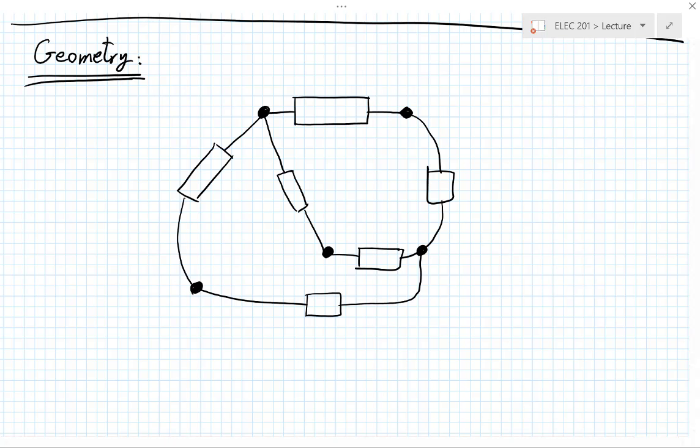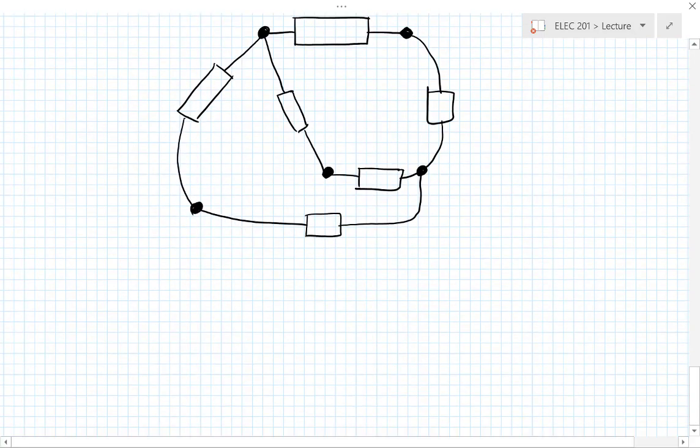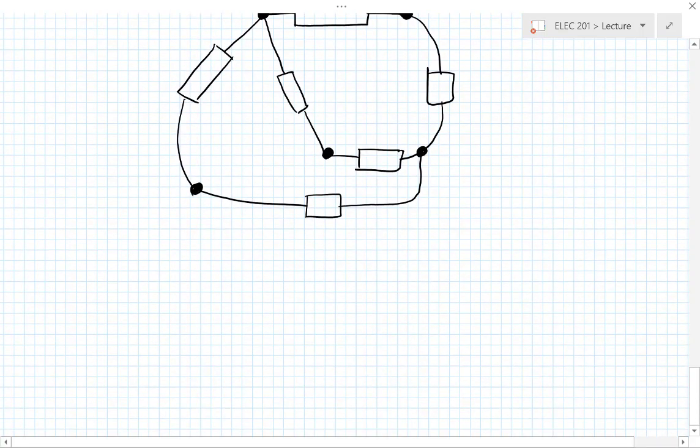A node is basically where you have the connection, something connecting to something else. So a node is a point of connection.